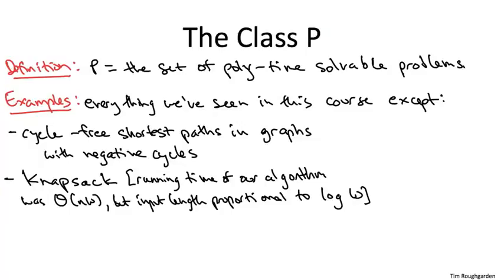But actually the same thing is going on in the knapsack problem with our dynamic programming algorithm. Suppose we write everything in base 10 and I just add one extra 0 to the knapsack capacity. I multiply it by 10. Well, then the number of subproblems you have to solve goes up by a factor of 10. So again, I just added one digit, one keystroke to the input, and yet your running time got multiplied by a constant factor. So it is, again, exponential growth with respect to the encoding length of the input.